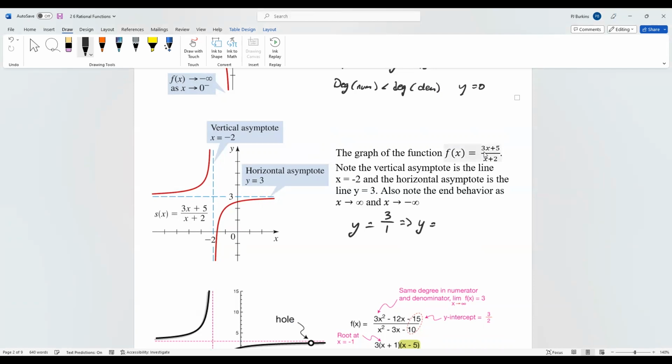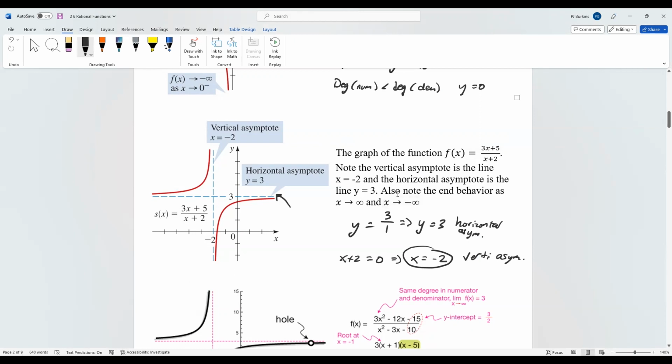So y equals 3 should be a horizontal asymptote. And if we look, there's the line y equals 3. Okay, how do we determine the vertical asymptotes? Well, that was taking the denominator, setting it equal to 0, and solving. That gives us x equals -2. That should be a vertical asymptote. So if we look, x equals -2 is a vertical asymptote.